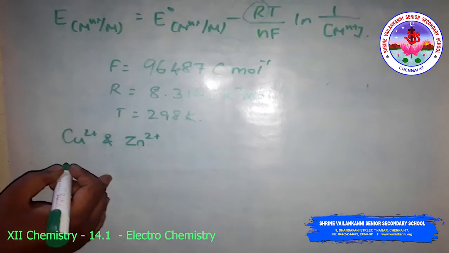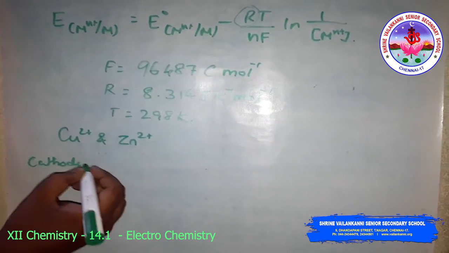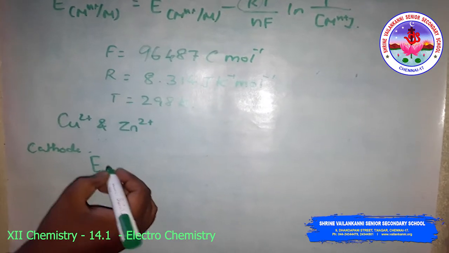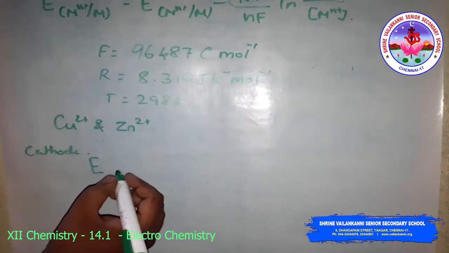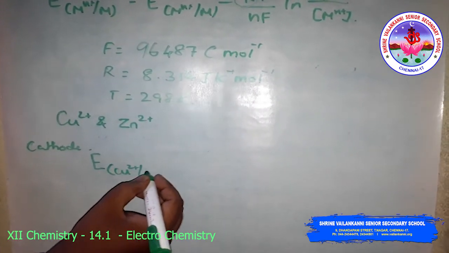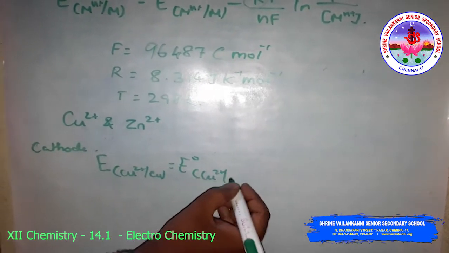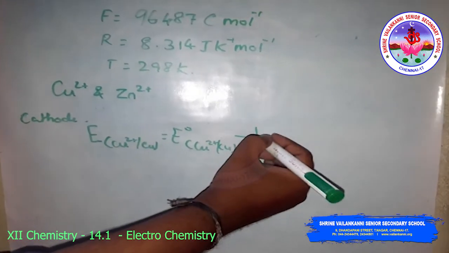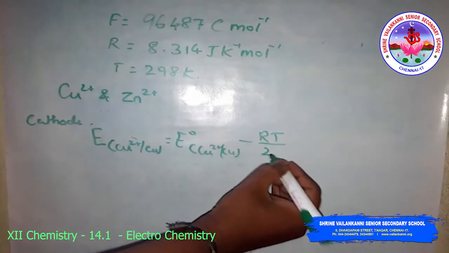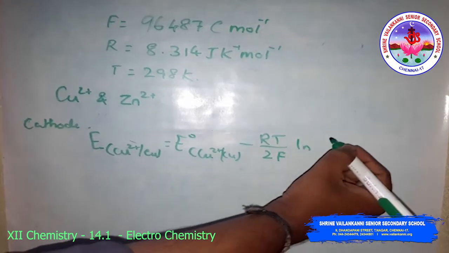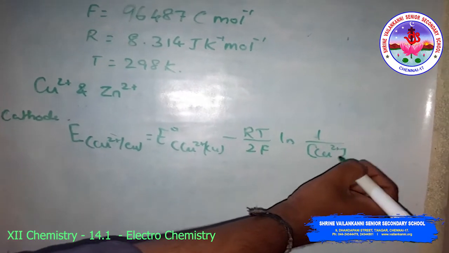So we can write for the cathode reaction: cathode undergoes reduction, here copper, so E Cu2+/Cu is equal to E naught Cu2+/Cu minus RT divided by the number of electrons, here 2, so 2F, ln 1 divided by the concentration of Cu2+ ion.